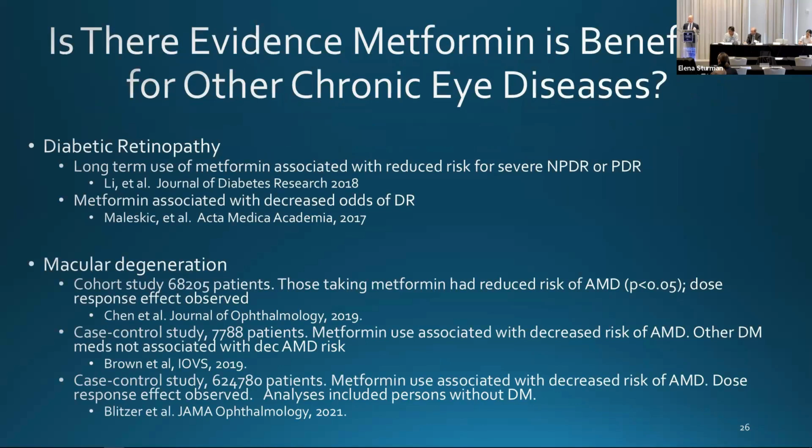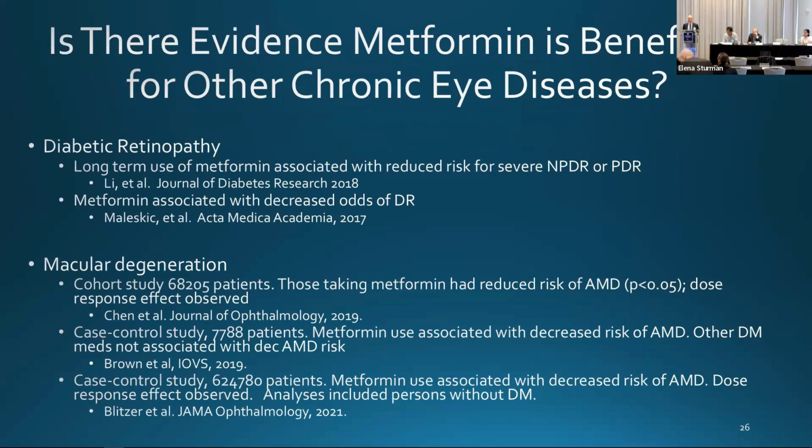How about beyond glaucoma? If we look at other chronic eye diseases, there are 2 studies showing that metformin use is associated with a reduction in risk of diabetic retinopathy. And there are 3 large studies showing that it may be beneficial in macular degeneration.